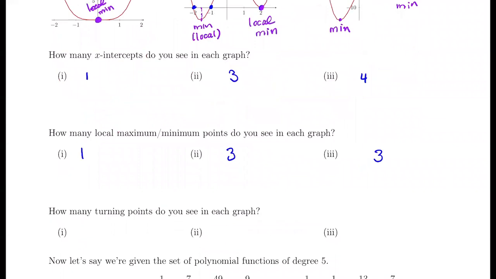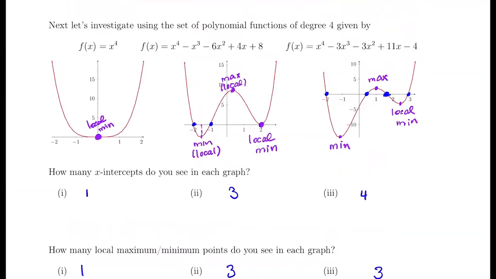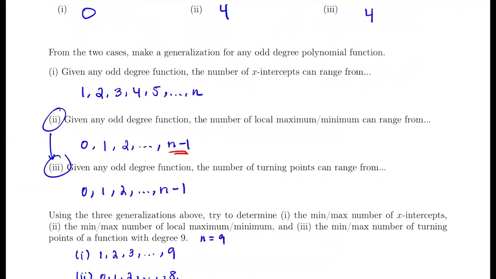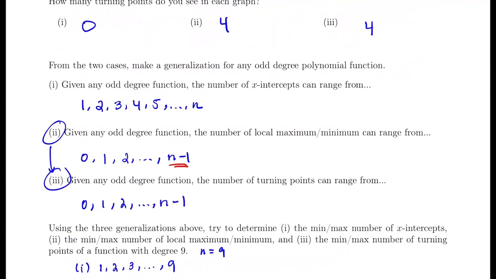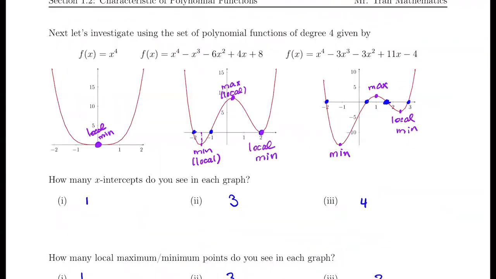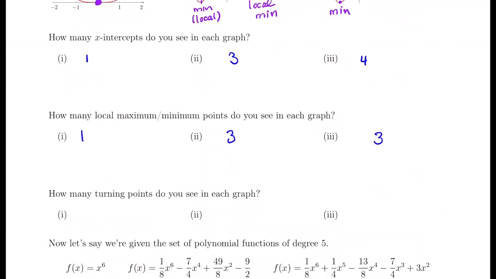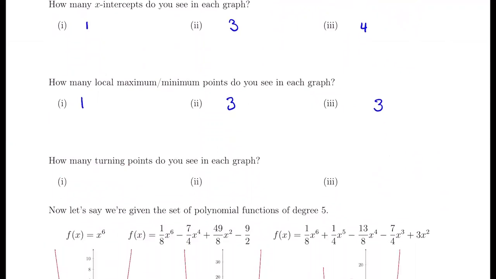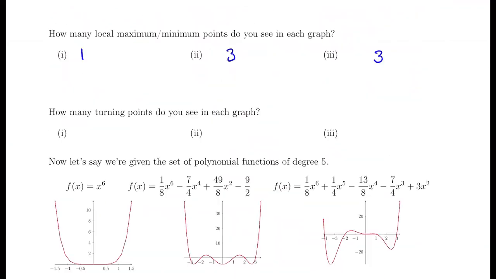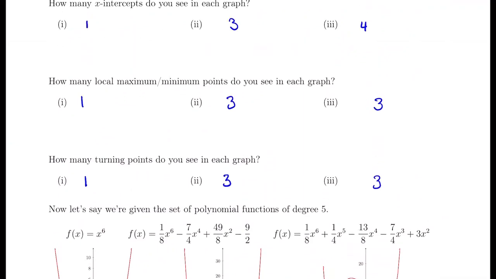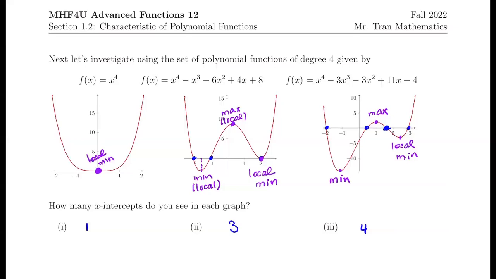Now, since from the odd degrees case, the number of maximums and minimums is the same as the number of turning points, that means the number of turning points that we see also has to be the same as the number of local maximums and minimums. So we would have 1, we would have 3, and we would have 3. So that's basically what we have for these set of functions.